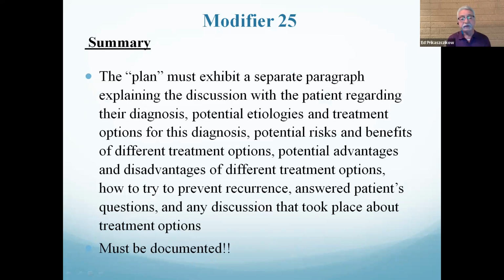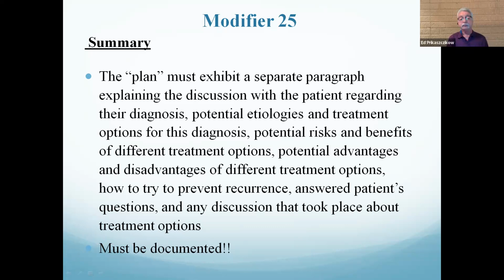Of the slides I have on this modifier, this is the most important one, and I think it's worthy of reading. The plan must exhibit a separate paragraph. That's in your SOAP note now. The plan must exhibit a separate paragraph explaining the discussion with the patient regarding their diagnosis, potential etiologies, treatment options for that diagnosis, the risks and benefits of the various treatment options, advantages and disadvantages of those options, how to prevent reoccurrence, answering the patient's questions, and any discussion that takes place regarding the treatment option, and then whatever is chosen as the option.